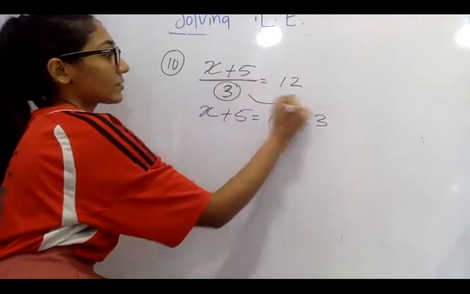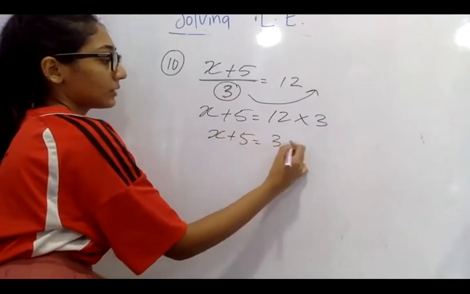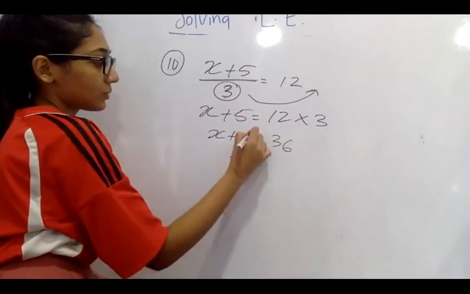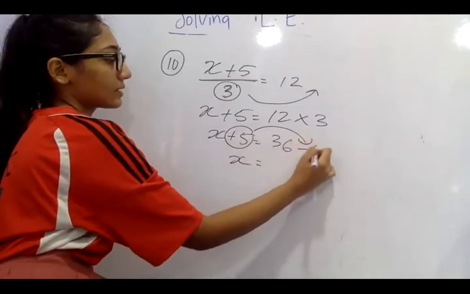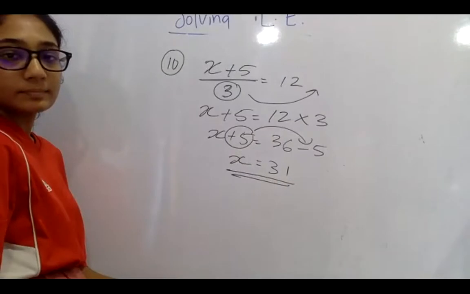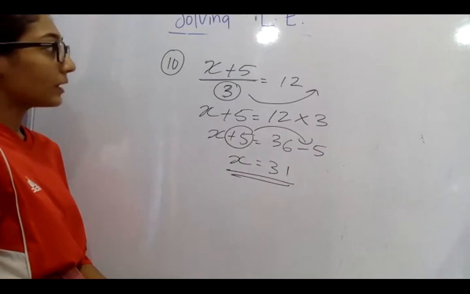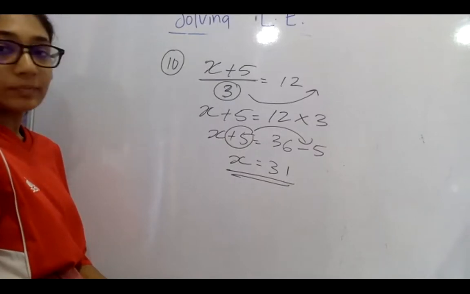Because this is divide 3, I bring over times 3. So x plus 5 equals 36. x equals plus 5, bring over becomes negative 5. x equals 31. Can you understand? Yes, sir. Okay, quickly copy, then we'll do question 11 and 12.